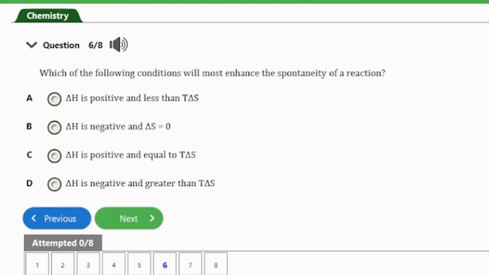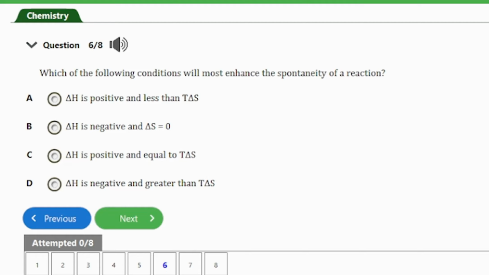So guys, the answer to this question here will be option D. And we know why. This is because for this option D, in every situation, delta G is going to be negative. If these two are negative, it means that for all situations, delta G is going to be negative, because you have a negative value minus another negative value, and it will always give you a negative value all through.